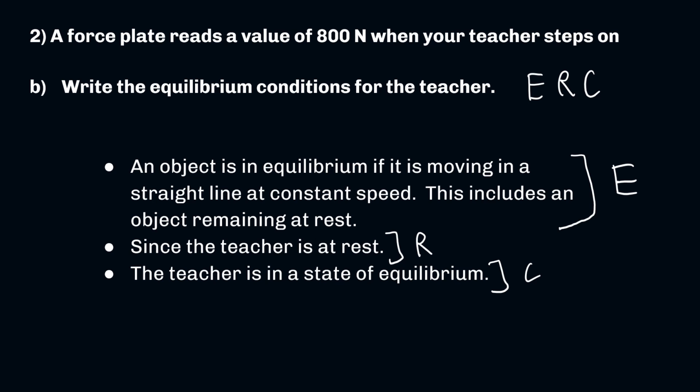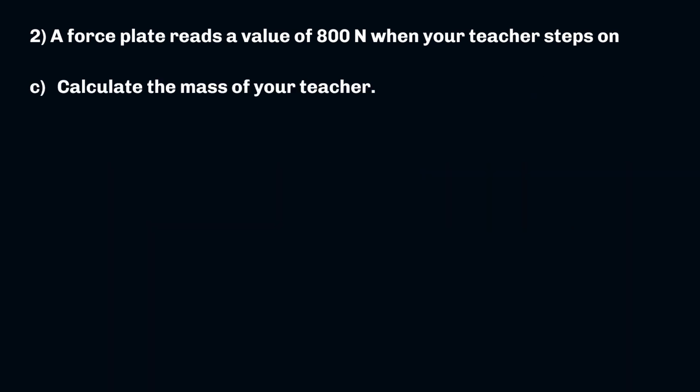So let's move into our final part, which will be our calculation. Part C here is our actual calculation. We have to calculate the mass of the teacher. Let's remind ourselves of our equilibrium solving process. We start off with our free body diagram, which we did in part A, which I'll redraw here. You have the dot, which represents the teacher.